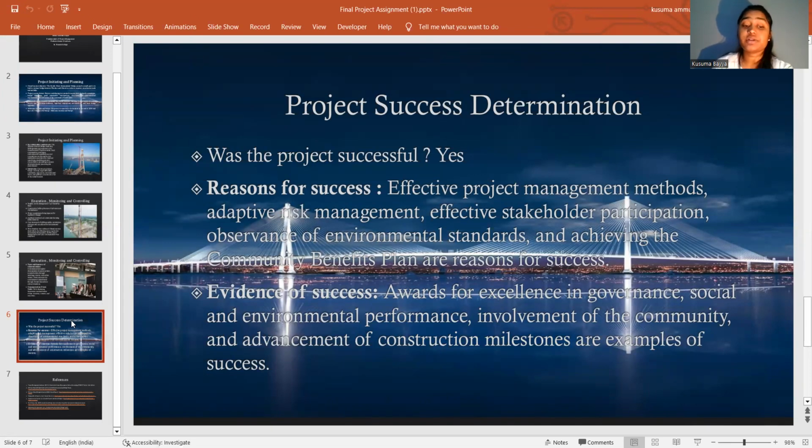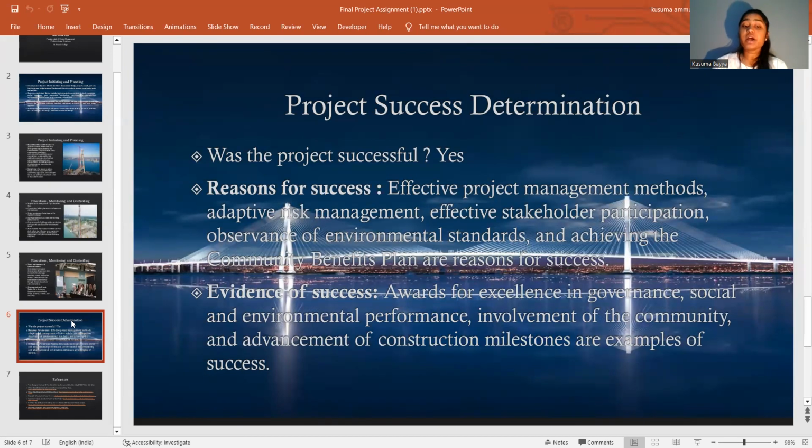So, reasons for success: compliance with ethical project management procedures, the project team's effective stakeholder involvement, environmental compliance, and community benefits plan fulfillment were other factors that contribute to the project's overall success.